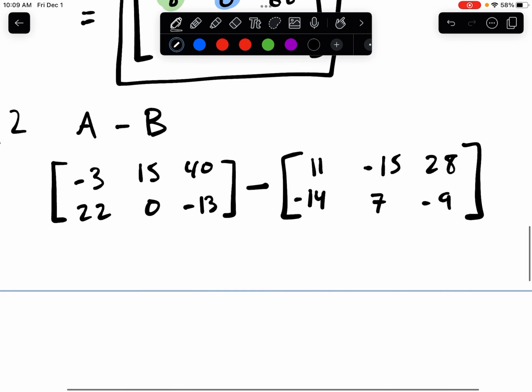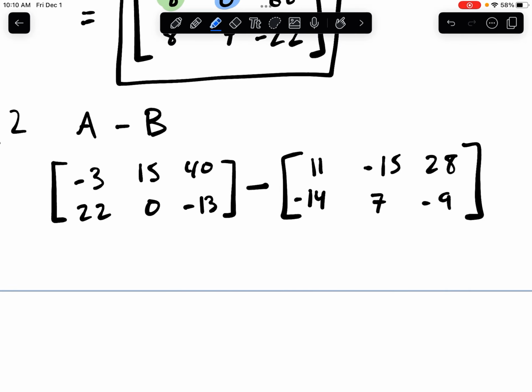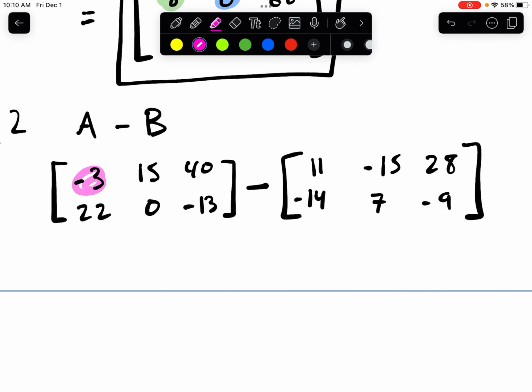So if I'm subtracting, again, I'm just combining those common elements. So if I have a -3 and an 11, I just have to be careful because I am subtracting, right? So -3 minus 11 is -14. -14 for that one.